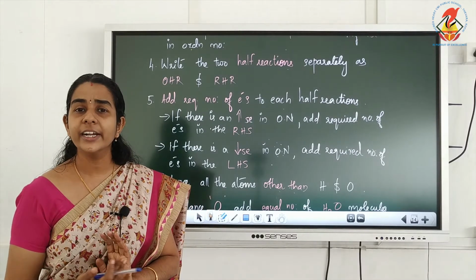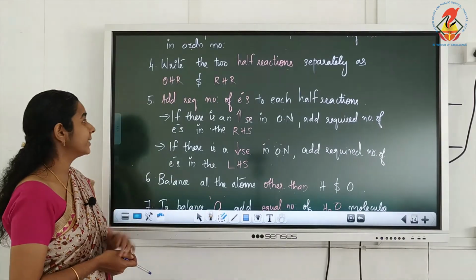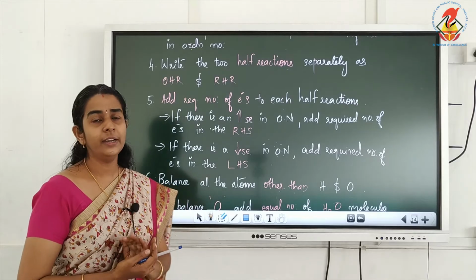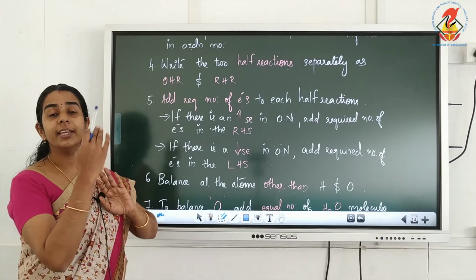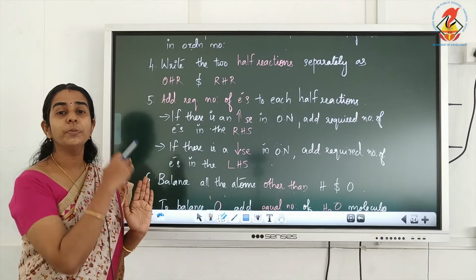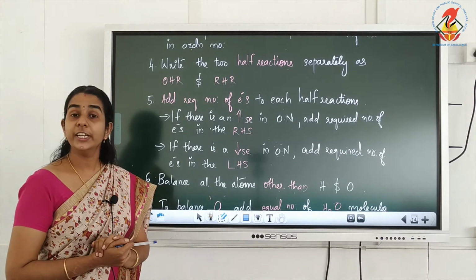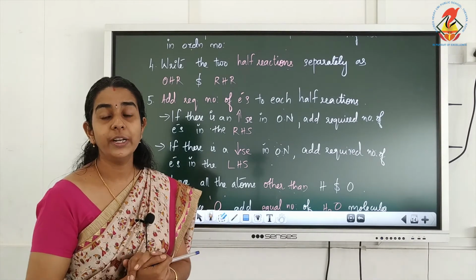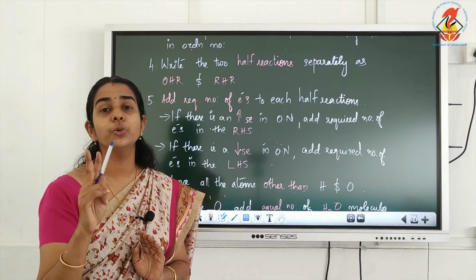How should we add electrons to each half reaction? When we assign the oxidation number, if there is an increase in oxidation number, we have to add electrons on the right hand side. And how many electrons should we add? For example, if the oxidation number increases from plus 2 to plus 4, there is an increase by 2, isn't it?